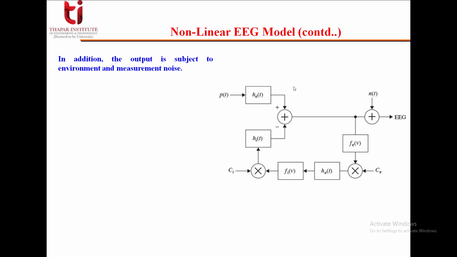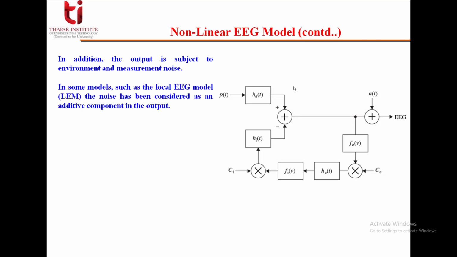Now, in addition, the output is subject to environment and measurement noise. So we have another model, that is the local EEG model, the LEM model. The noise has been considered as an additive component in the output. If you see, this noise component is added to the output, that is the EEG signal.